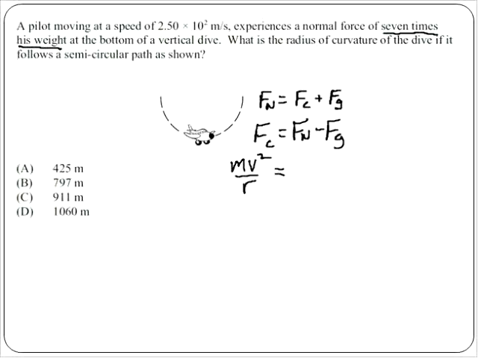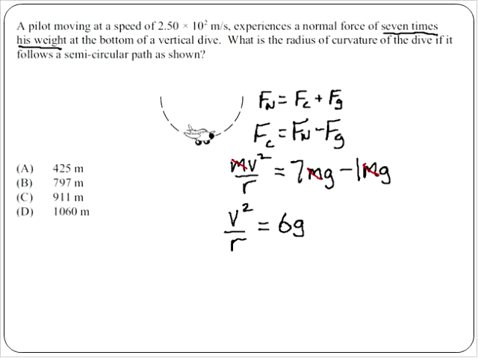In other words, 7 times mg, take away Fg, which is also mg, 1 mg. Now I can cancel out all my masses again, which is a good thing because there's no mass given for the plane or the pilot. So I end up with v squared over r equals 7 take away 1 is 6g.